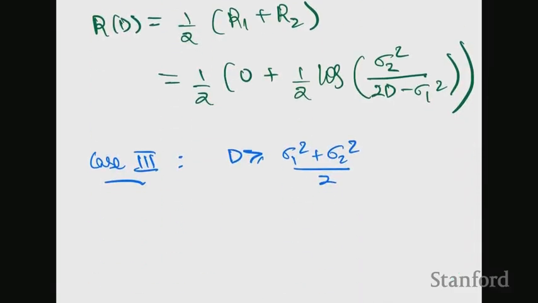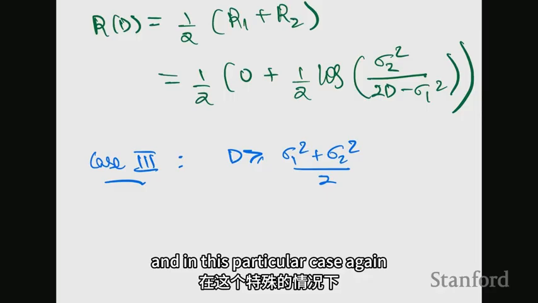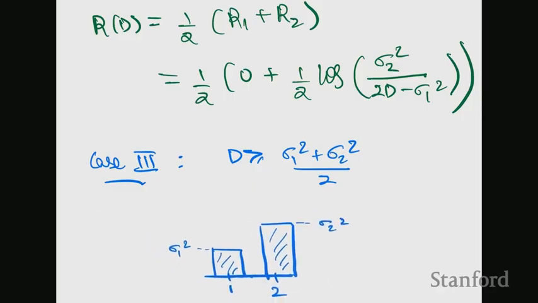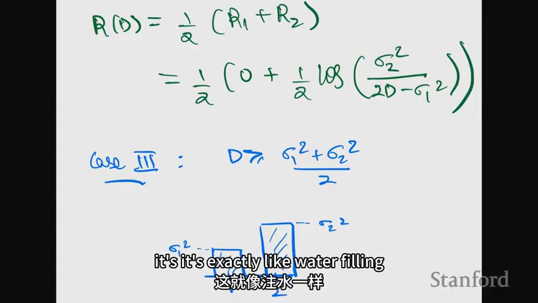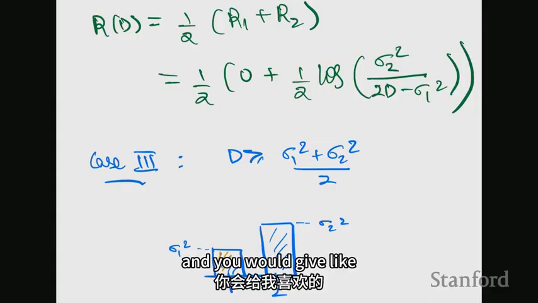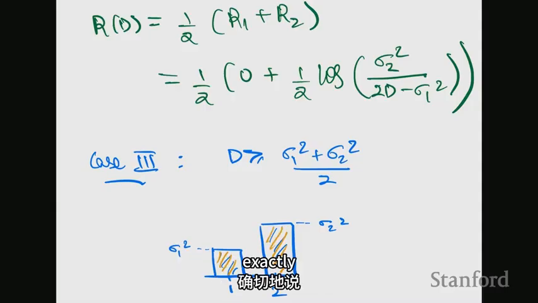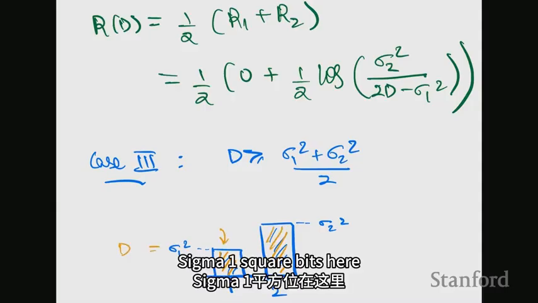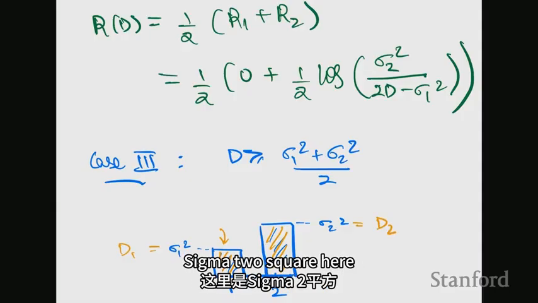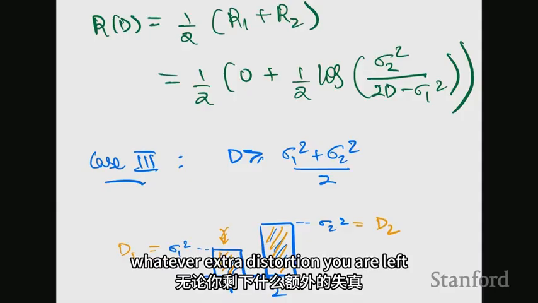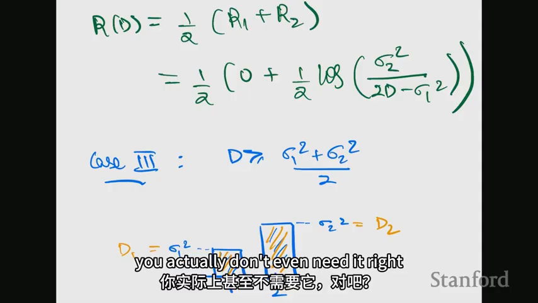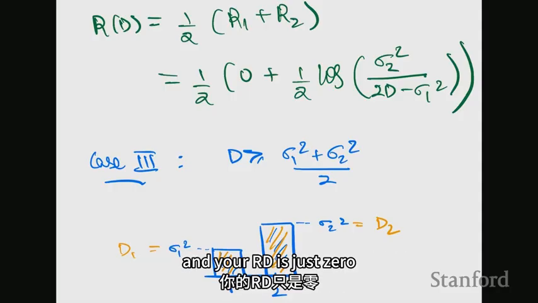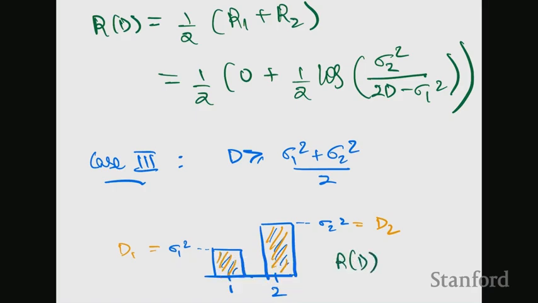Okay. And in this particular case, now you know, it's exactly like water filling, and you would give exactly sigma 1 square bits here, sigma 2 square here. Whatever extra distortion you are left with, you actually don't even need it, right? And your RD is just 0.